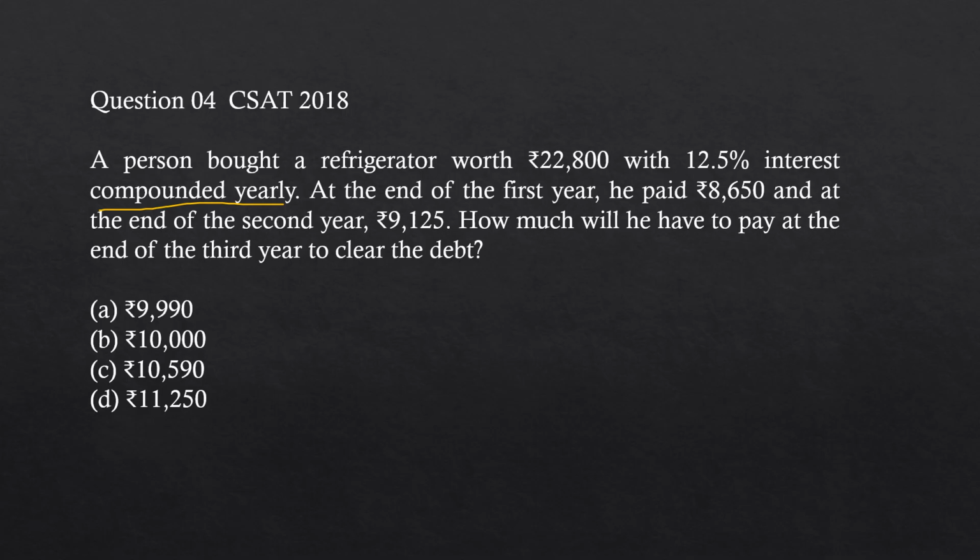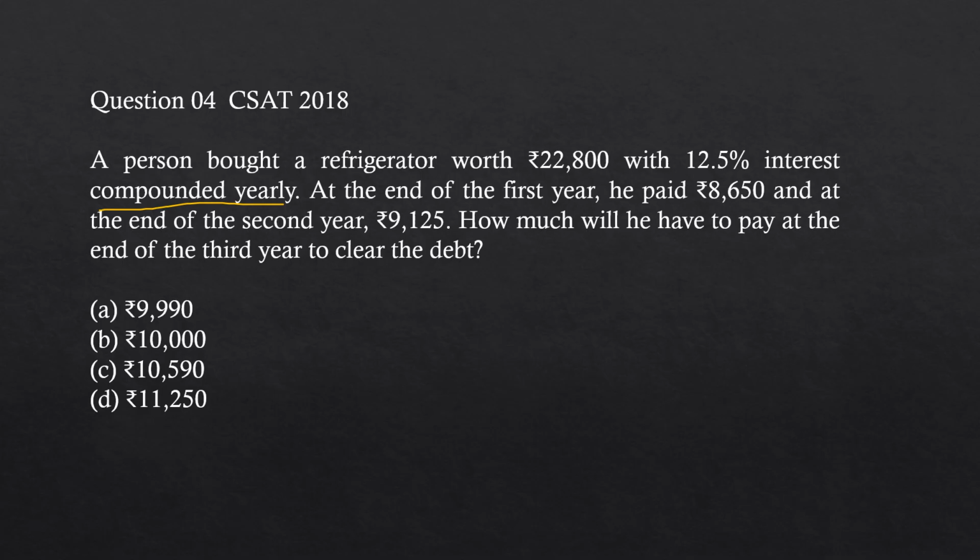To solve this kind of question, we don't need any formula but one simple logic. At the end of 1 year, there will be principal amount plus the percentage associated with the principal amount. So it will become interest. So the amount for second year will be the first year principal plus the fraction of percentage with respect to principal.